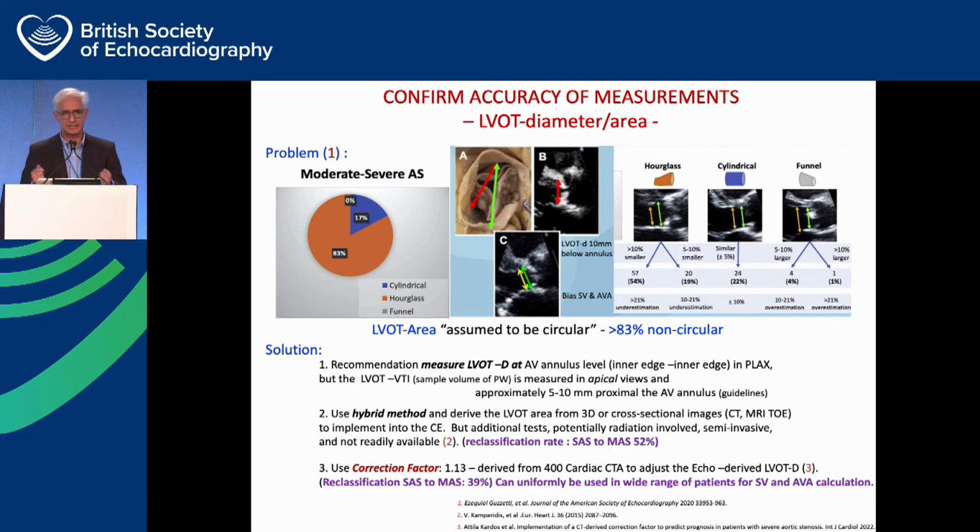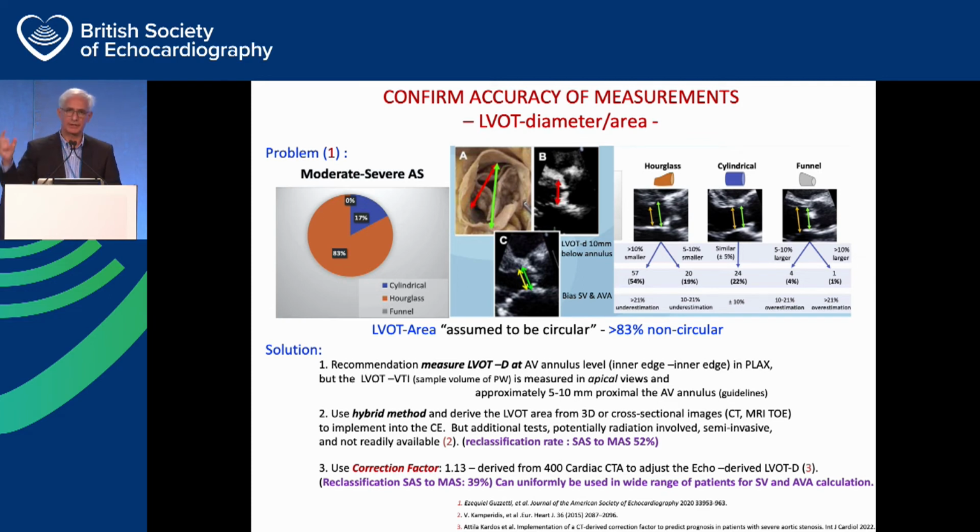And I do apologize for spending some time on this, because that's our research group's achievement. We looked at 400 patients with cardiac CT images, from which we derived the correction factor, a single number. To our major surprise it came to 1.13.